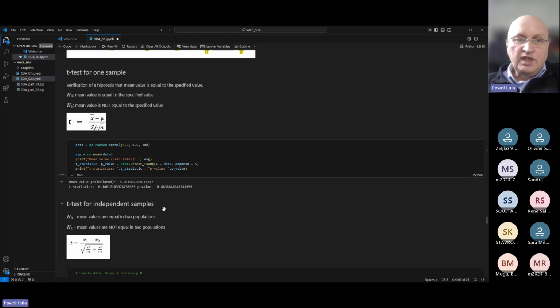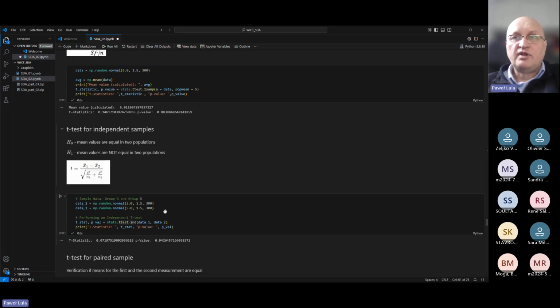Here, we assumed that we have two groups, two populations, two samples, and we compare if average values in these two populations are the same, using, of course, data about two samples taken from these two different populations.